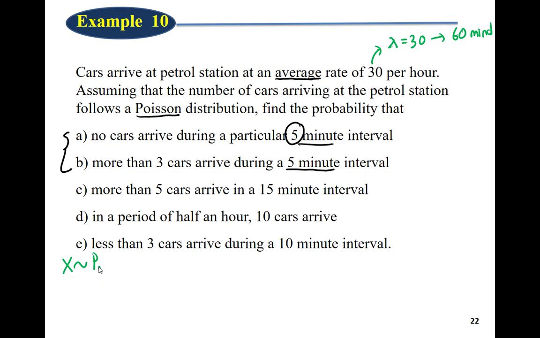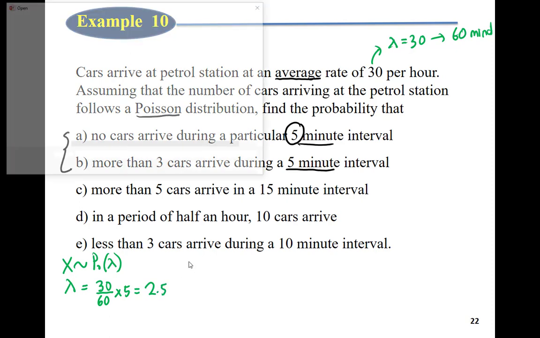So for question A and B, we are going to find for 5 minutes. How do we find lambda? Lambda equals 30 per 60 minutes, so 30 divided by 60 multiplied by 5. So our lambda will be 2.5.